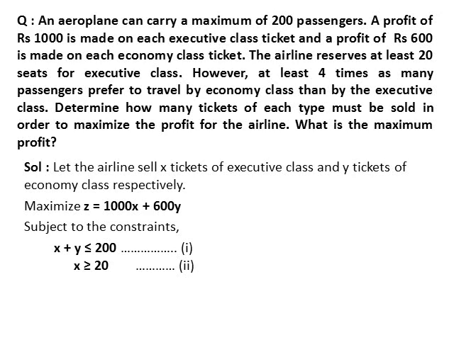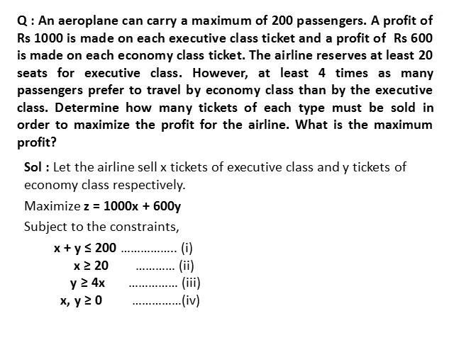It is also given in the question that passengers prefer to travel by economy class, that is y, is at least 4 times of passengers prefer to travel by executive class, that is x. So, y should be greater than or equals to 4x. Also, x and y both are greater than or equals to 0.